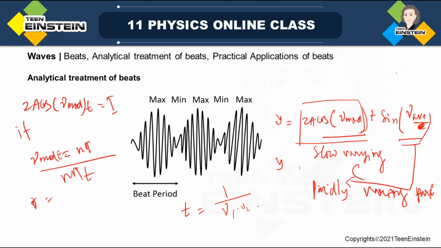These are the time periods, 1 by nu1 and nu2. And the difference between the successive maximum and minima is actually 1 by (nu1 minus nu2).